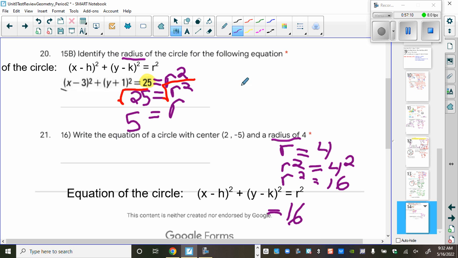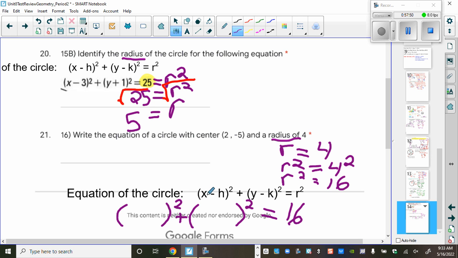Equals. Now, how am I going to fill in these parentheses?